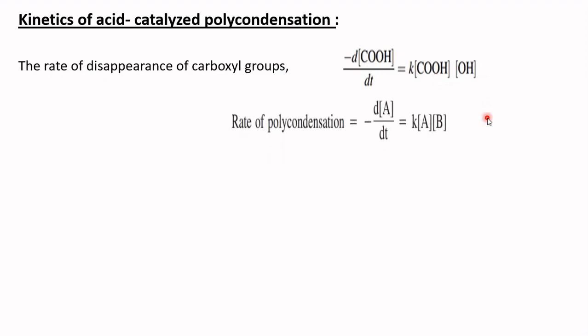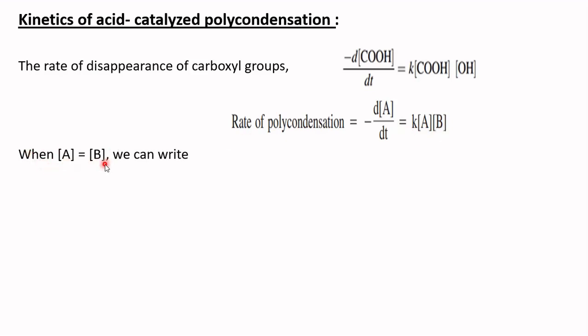In general, it can be represented as minus dA divided by dt is equal to K into concentration of A into concentration of B, where A represents the concentration of acid and B represents the concentration of diol.